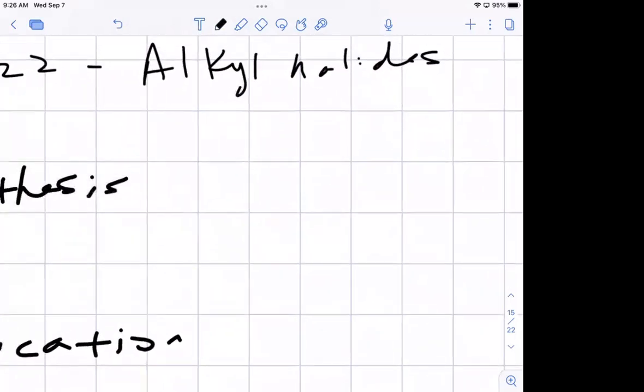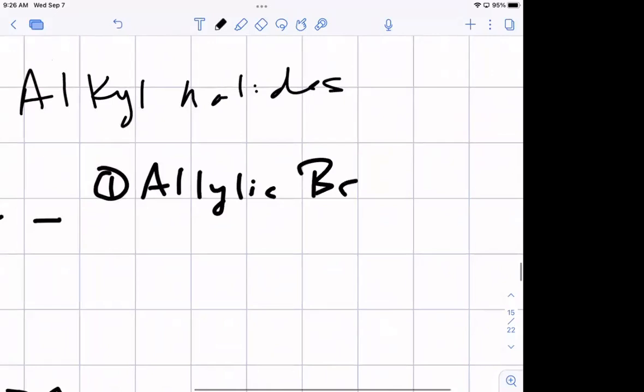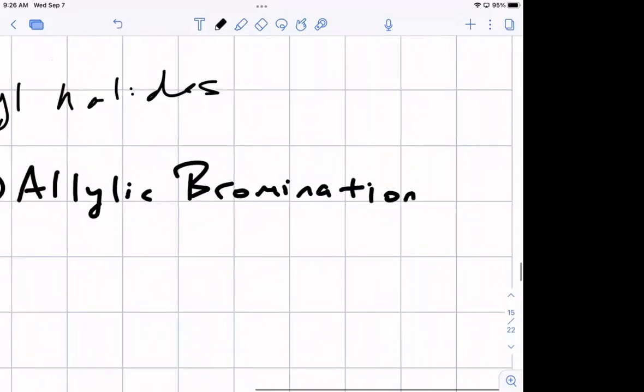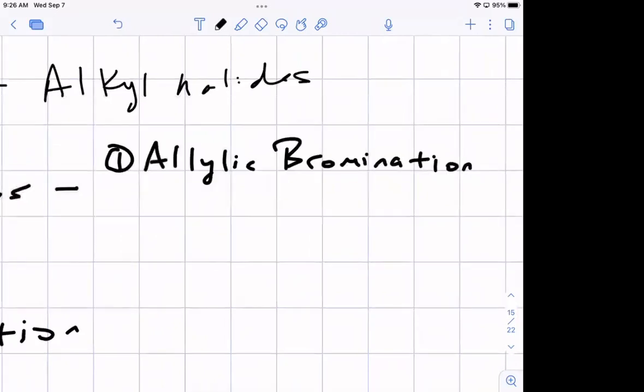So for the synthesis part, we're going to talk about two methods, but one of the methods is going to have like 3 different reactions that you can use. All right, so one of them is allylic bromination, which we're going to start with today. Actually, I want to start with the alcohols.